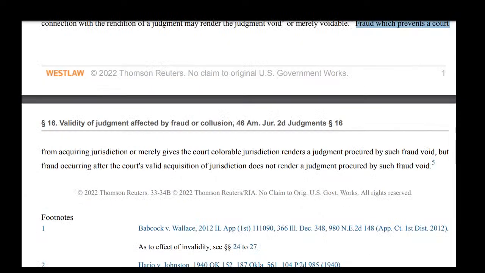Fraud which prevents a court from acquiring jurisdiction or merely gives the court colorable jurisdiction renders the judgment procured by such fraud void. But fraud occurring after the court's valid acquisition of jurisdiction does not render a judgment procured by such fraud void.